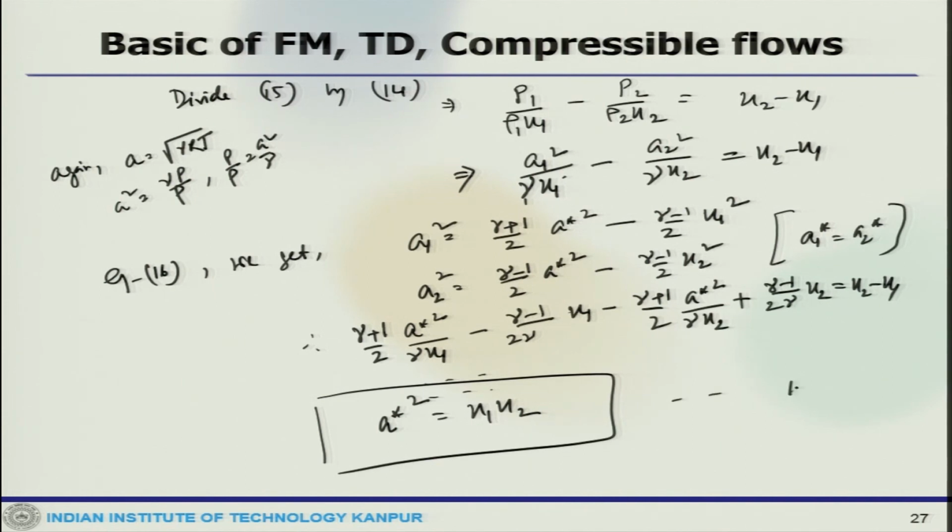So, this is equation number 19, and this relationship is known as the Prandtl relation. Okay. So, this is a very important relation for normal shock, where you get the a star and the velocity upstream of the shock, and the relationship between both the upstream and downstream velocities.